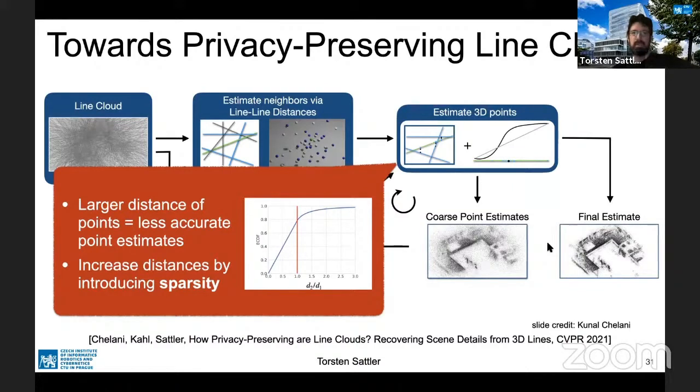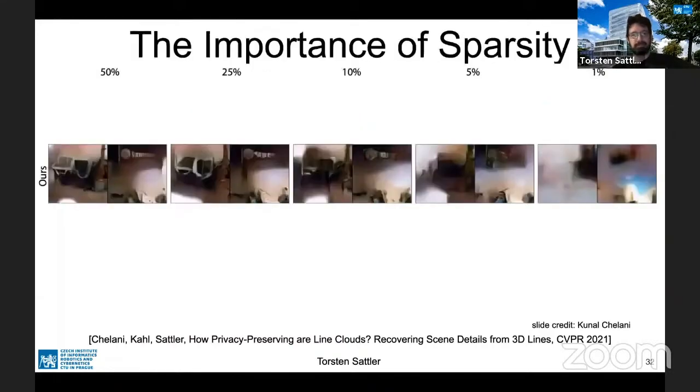So rather than using all 3D lines that we have, we could only store a subset of them. This is what happens if you take 50% of the original lines: you get something where a human understands what's in the scene. But as soon as you get to 5% or 1%, you can't recognize what's in the scene anymore.